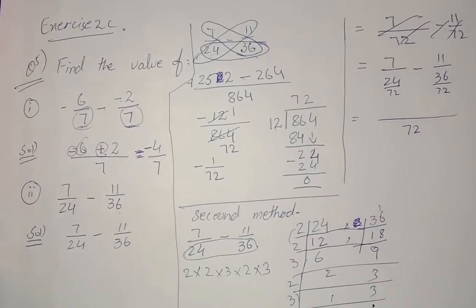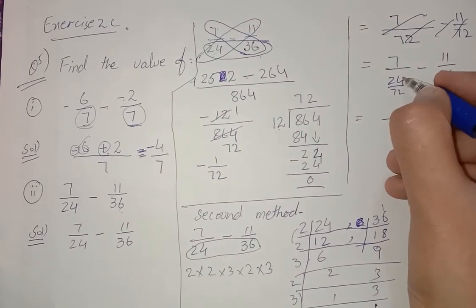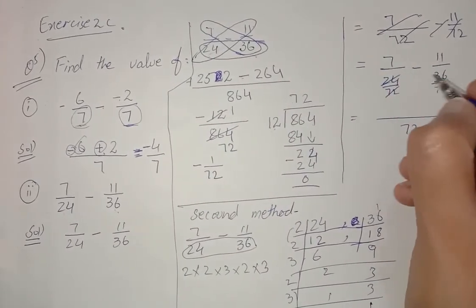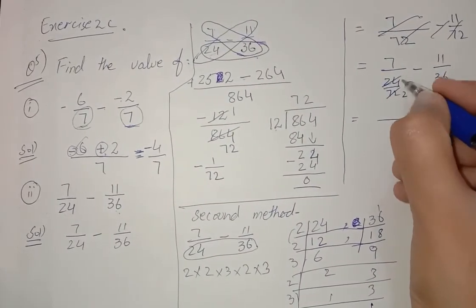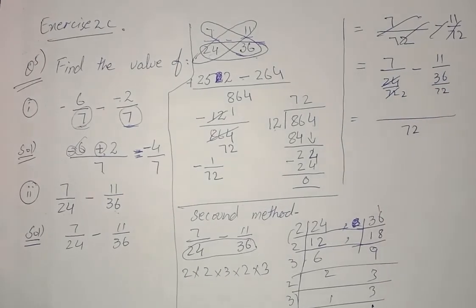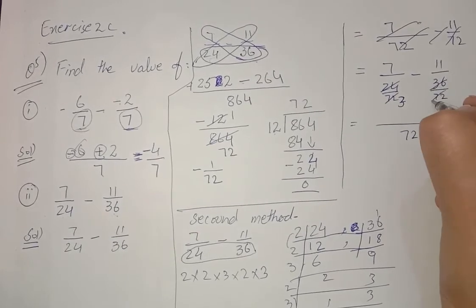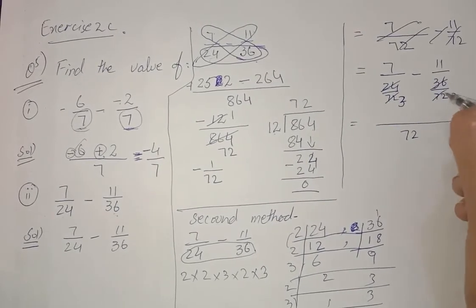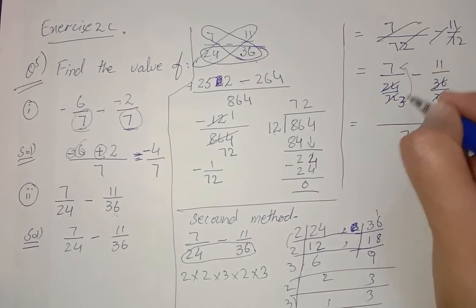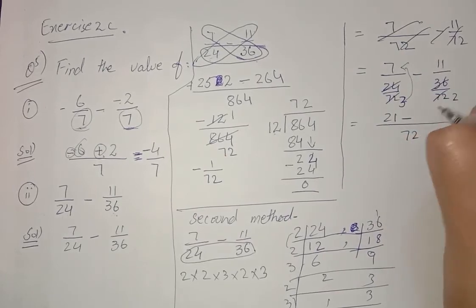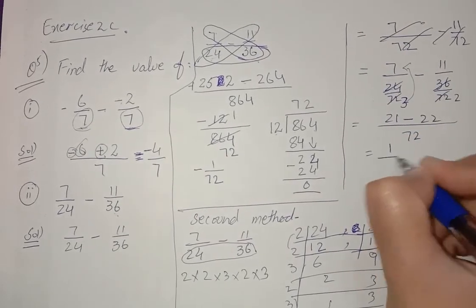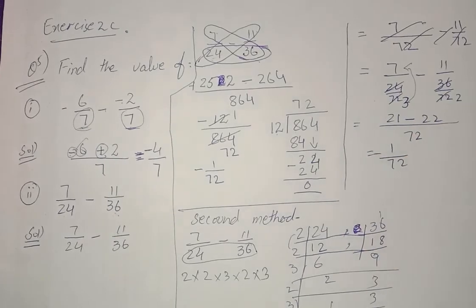Now 24 and 72 are cut. 24 twos are 72, 24 threes are 72 and 36 twos are 72. Now 3 is multiplied with 7, 7 3s are 21, 11 2s are 22. The answer is 1 by 72 with minus.